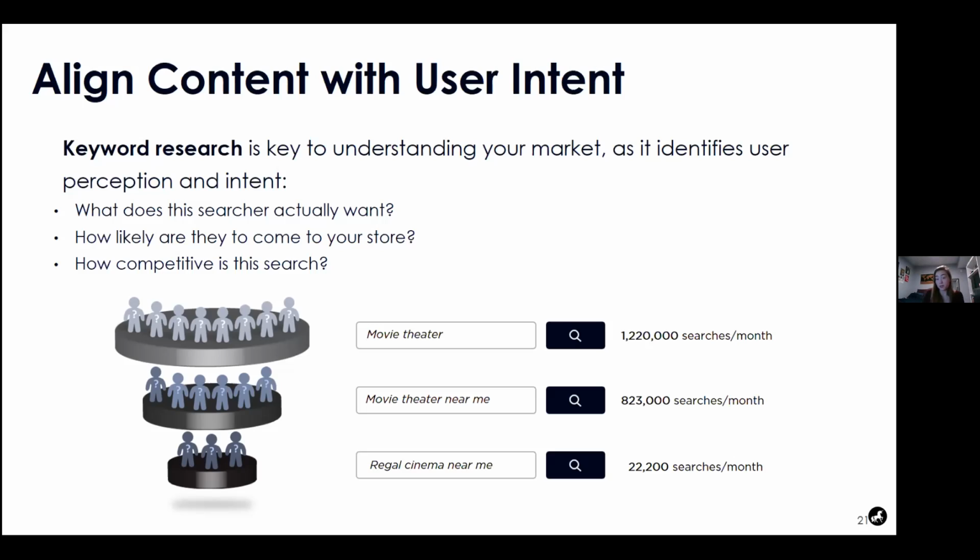And then maybe I own specifically a Regal Cinema near me, which has 22,000 monthly searches. So that's where you start to figure out what types of people you're aiming for. Are you looking for someone who's just curious what a movie theater is? Or someone who's looking for a movie theater but doesn't know which one they want? Or are they just looking for your movie theater? So it's figuring out how competitive those searches are, and then what you can do to provide the different types of content on your site to get them where you want them to enter.